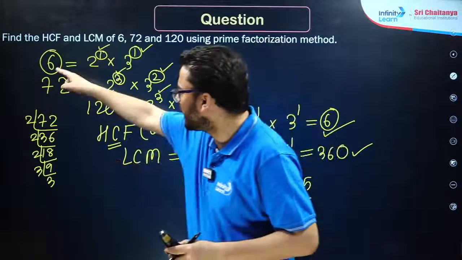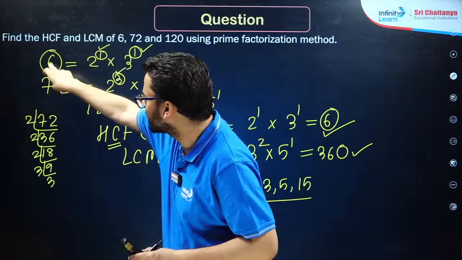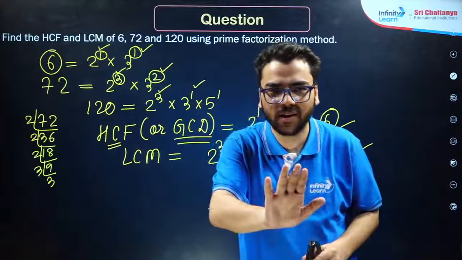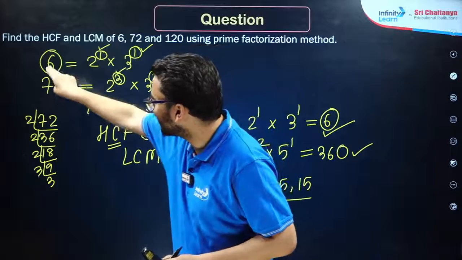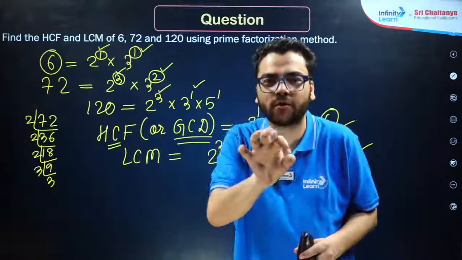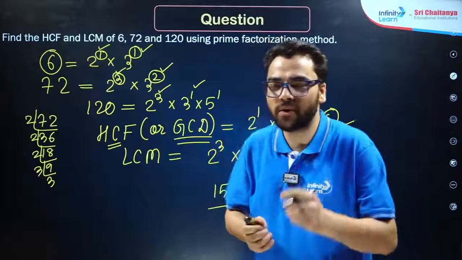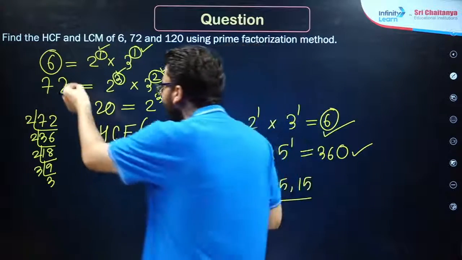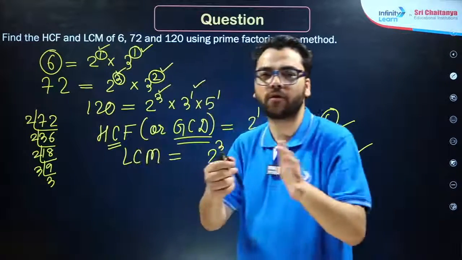Suppose you have got 3 numbers, then HCF of them can never be greater than the smallest value. Is it possible? The moment you take HCF which is greater than any one out of these 3 numbers, it will not remain a factor of all of them, na? Are you getting that logic? The moment you take the HCF to be greater than any out of these numbers, it will not remain a factor of all of them.